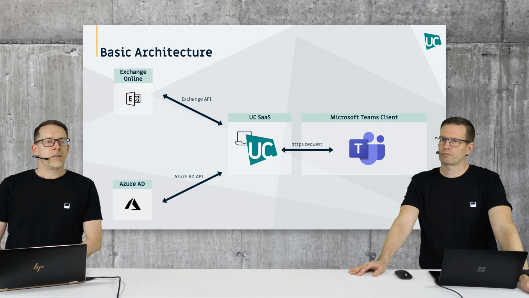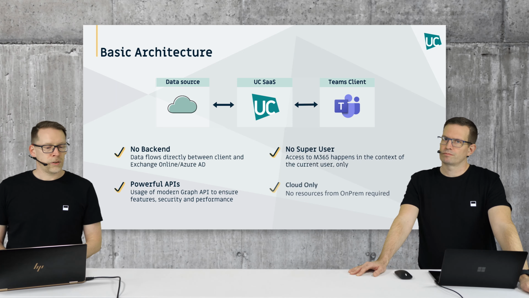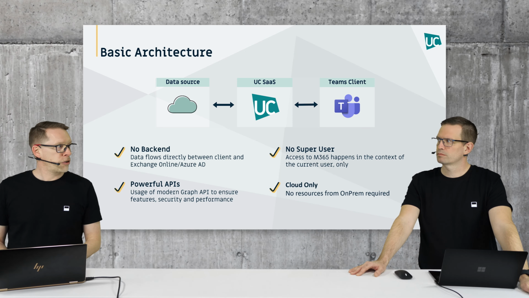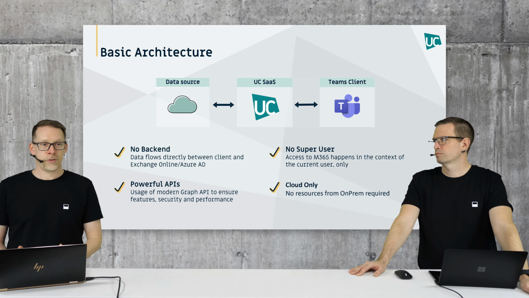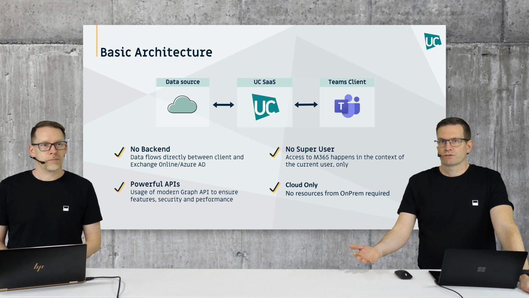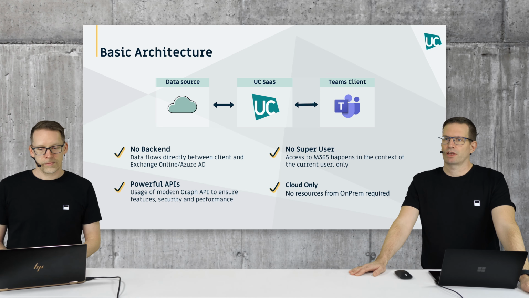So what are the real benefits of having this infrastructure in place? You do not need any backend. You can just use this service as a service. Also, we do not need any super user, so there are no credentials stored in Azure to get access. There's no managed identity.